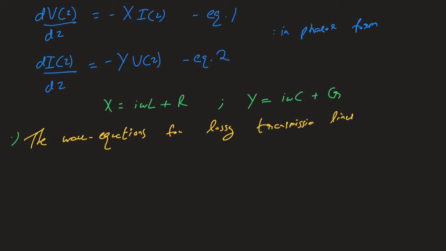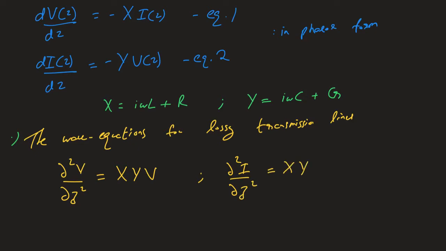The wave equations that we derived were that del 2V by dz squared was equal to XY times V, and the second wave equation we had was del 2I by partial z squared equal to XY times I.